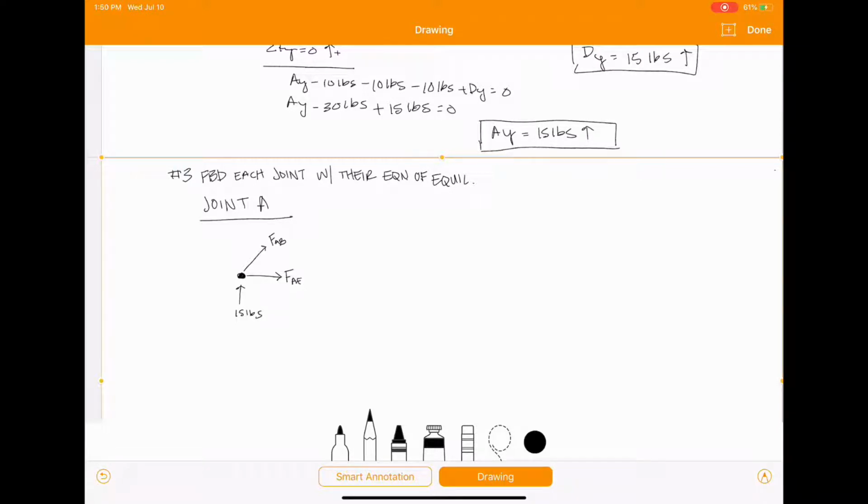So now that we have the free body diagram of that joint done, we can evaluate this exactly the same way as we evaluated equilibrium on a particle.